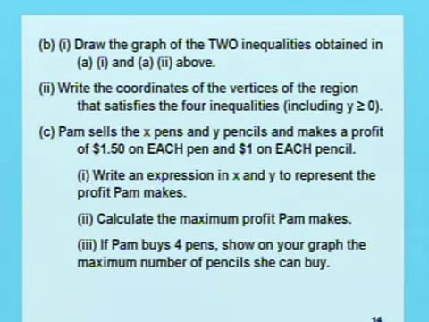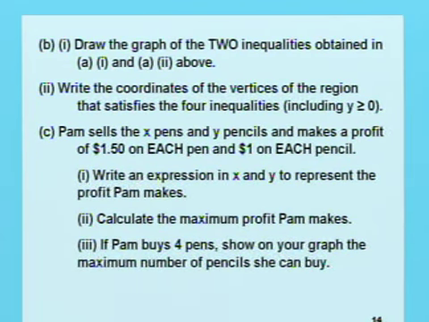Pam sells the x pens and y pencils and makes a profit of $1.50 on each pen and $1 on each pencil. Part 1. Write an expression in x and y to represent the profit Pam makes.